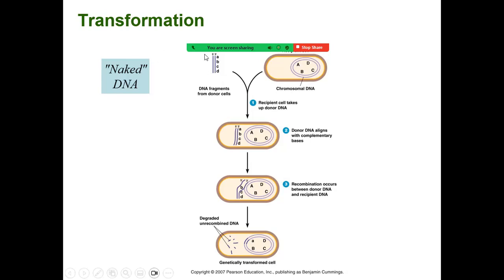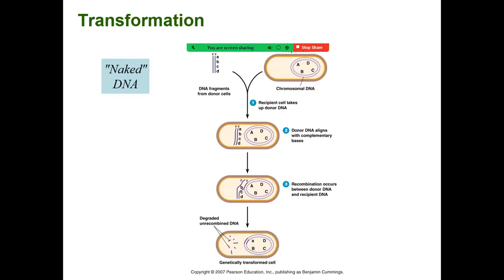Usually, not all of the DNA that's taken up is expressed. For example, in this case here, the lowercase a, b, c, and d genes are taken up by that cell. Only the A gene is incorporated into the chromosome and then will be expressed. The importance of this is, let's say the lower A gene is a gene for drug resistance.